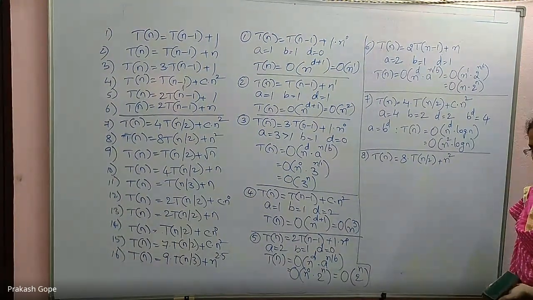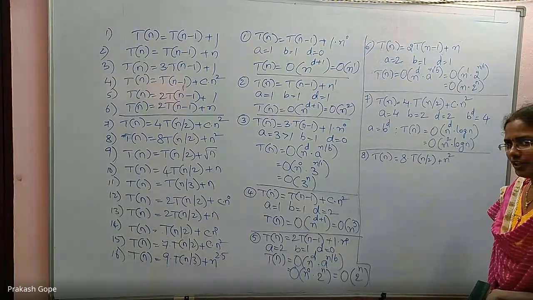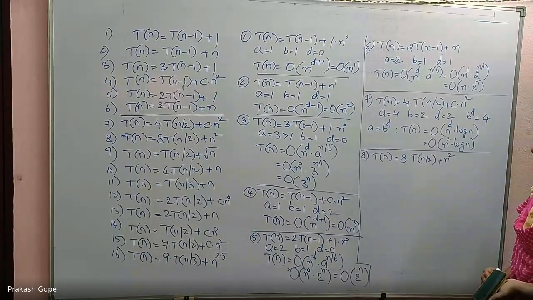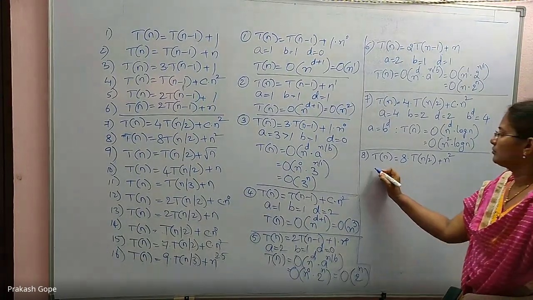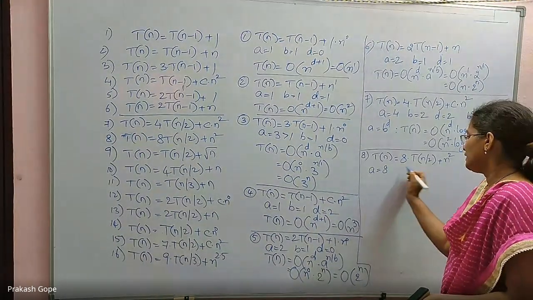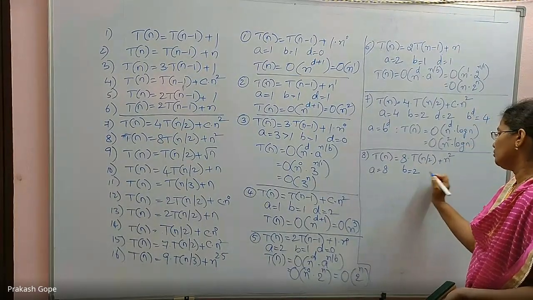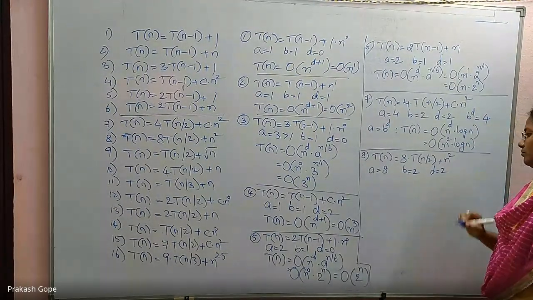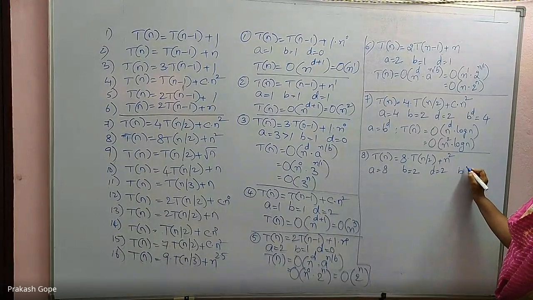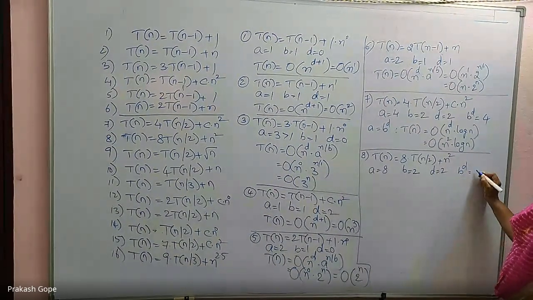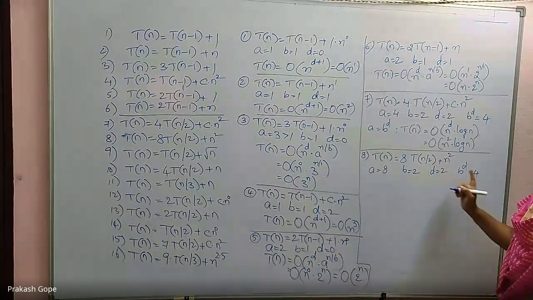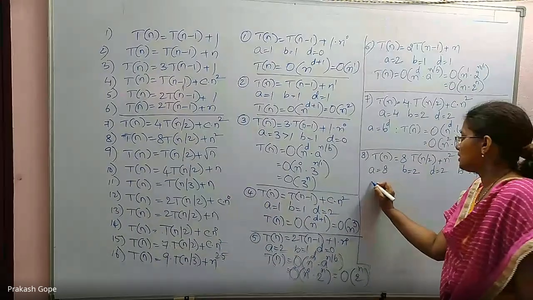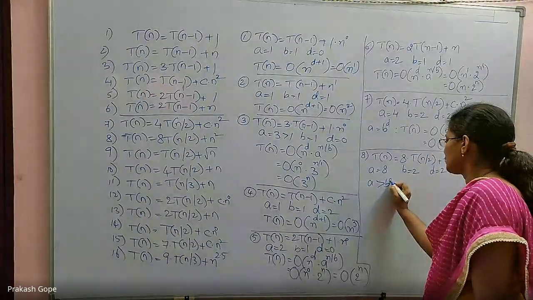What is A, B, D, and the relation between A and B power D? A is 8, B is 2, D is 2. What is B power D? 2 square, only 4. A is 8, B power D is 4. Which means A is greater than B power D case.